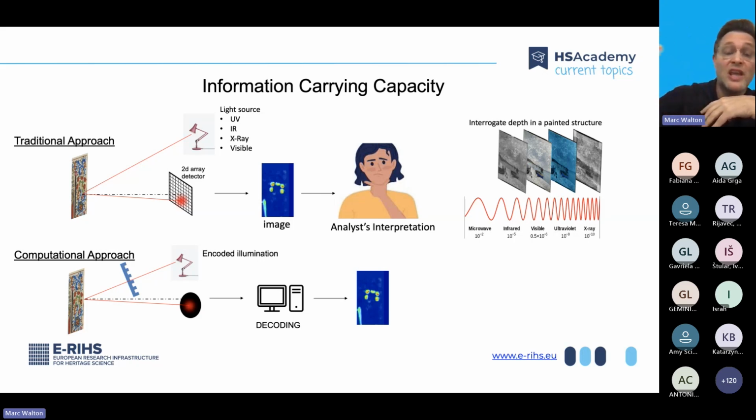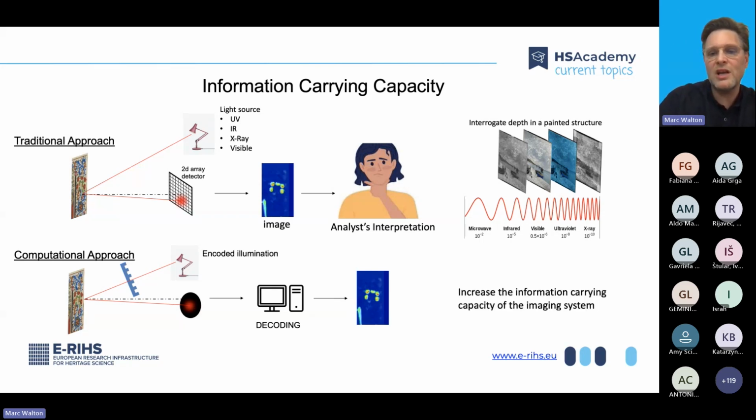We might be changing the angle of illumination to realize something that on a sensor might not be interpretable to the naked eye. So you need some sort of decoding on the other end to produce an image. Why might we want to do this? Well, it's a way of increasing the information carrying capacity of the scene. We want to pack more information into the measurement that we're making in an easier fashion.